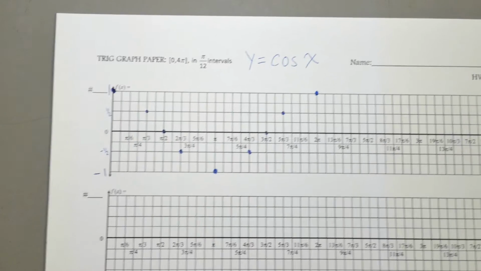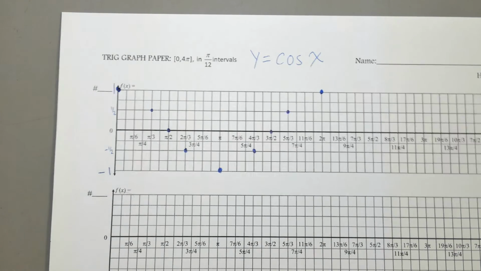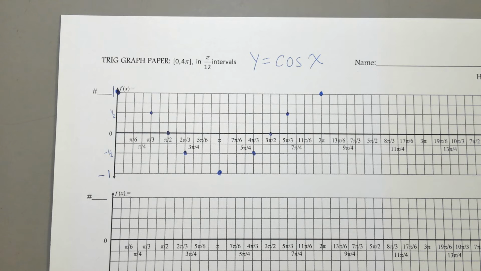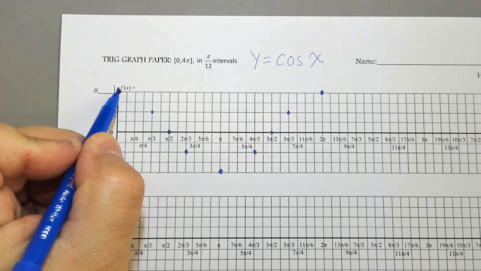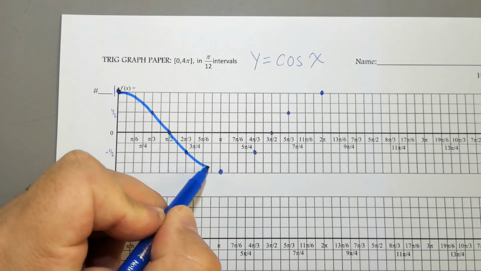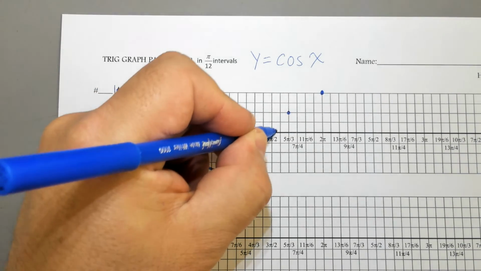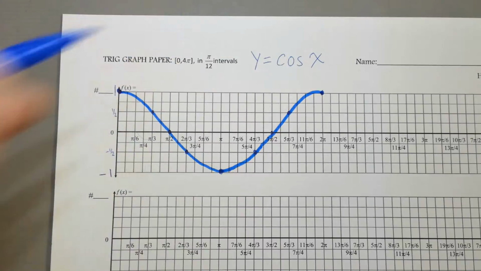All right. So now that we have our points, let me get my marker so you can see it a little better. And let's start graphing cosine. Do the best you can. There we go.